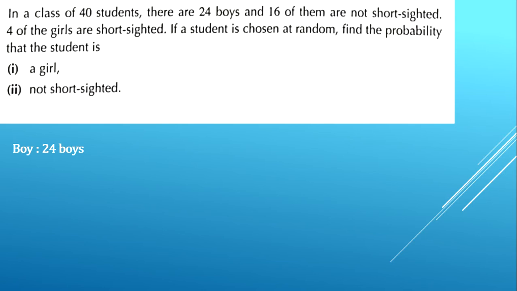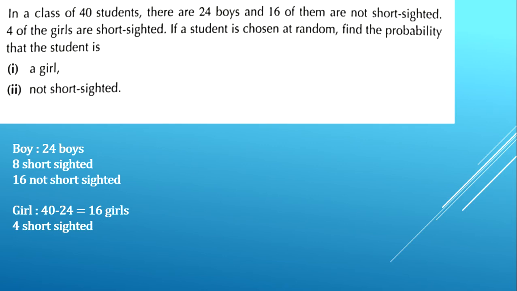Out of these 40 students, 24 of them are boys. We know that 16 of them are not short-sighted, meaning 8 of them are short-sighted. Because we have 24 boys, we have 16 girls, 40 minus 24. And out of the 16 girls, 4 are short-sighted, while 12 are not short-sighted.